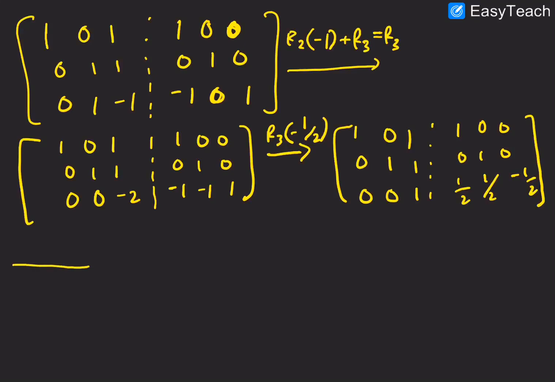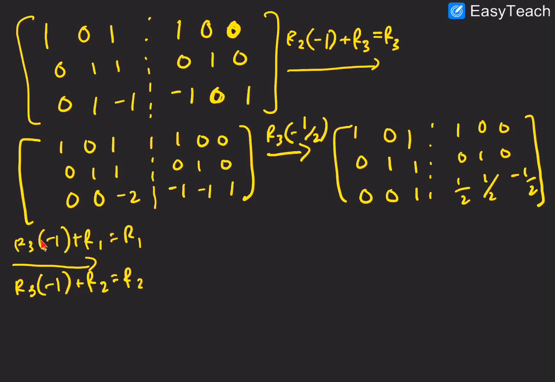Okay, we're going to do 2 more operations. We could do R3 times -1 plus R1, and we could do R3 times -1 plus R2. Okay, so you're allowed to do 2 operations at the same time as long as they're being operated on different rows.